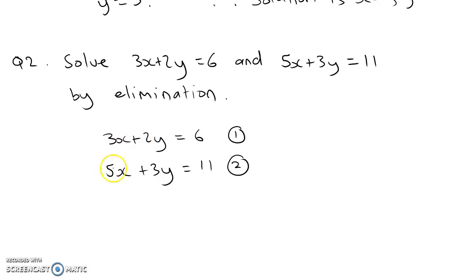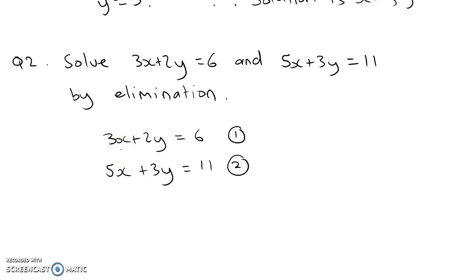So we can't just simply add these two together or subtract them from each other, because that won't actually eliminate either of them. So what we need to do is multiply the equations by certain values so that we end up getting the same coefficient of y, or the same coefficient of x.